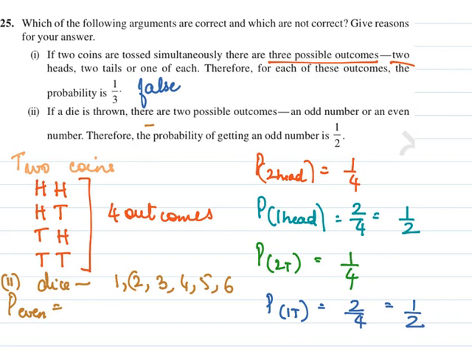Probability of getting even is 1, 2, 3. That is 3 out of 6, 1 by 2. And the probability of getting odd is 1, 2, 3. That is 3 again by 6. That is 1 by 2. So this is true.